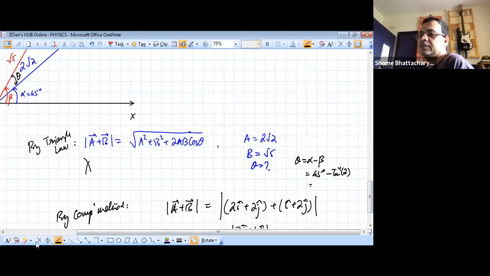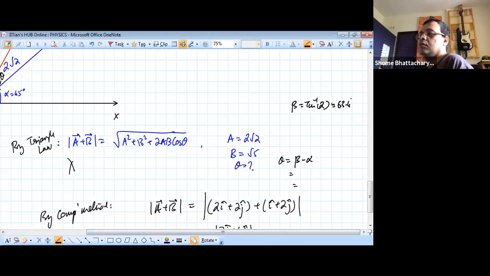So this beta minus alpha: that beta, which is tan inverse 2, is approximately 63.4 degrees, and alpha was tan inverse 1, which is 45 degrees. So this difference will become like that.